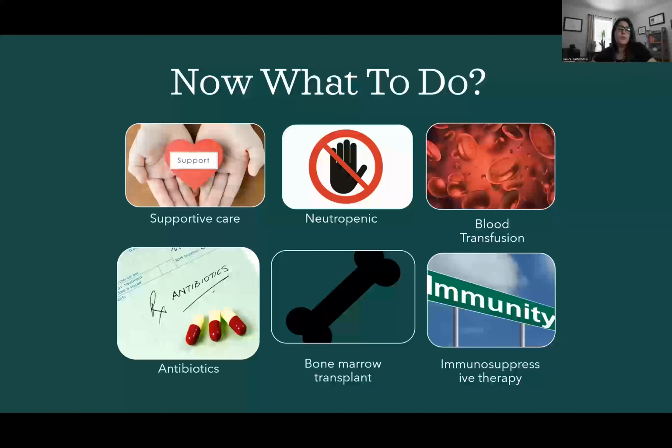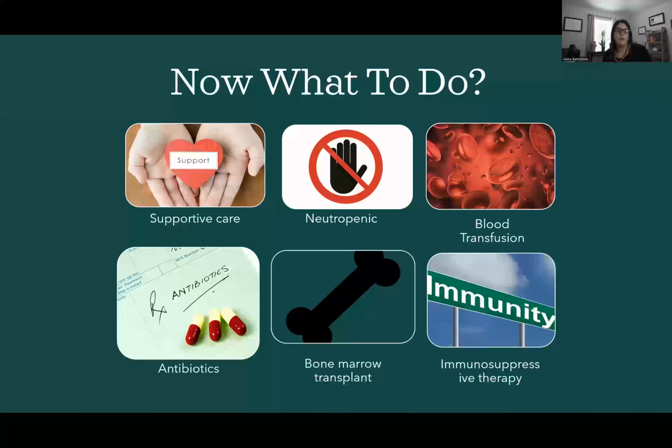So how do we treat it? We treat it with supportive care for the symptoms. So supportive care for pancytopenia. And if it's red blood cells, then we are going to transfuse blood, or we're going to give them more iron.